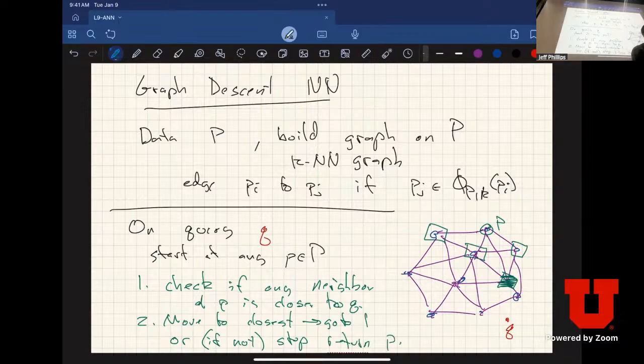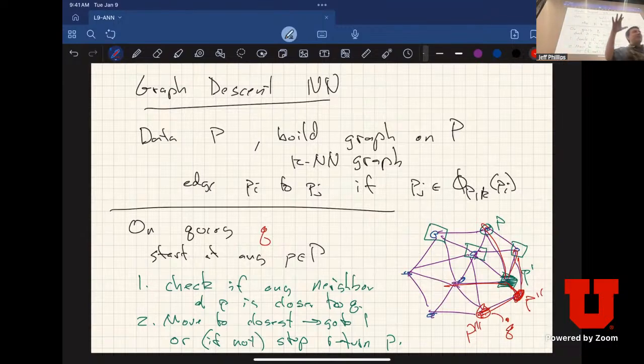So what I would do is go to the nearest neighbor, which I'm going to call P prime. Now for P prime, I can look at its neighbors, and I see this one is closer, so this is P double prime, and then I look at its neighbors, and maybe this one is the closest to Q, but now nothing else is closer, and it stops.